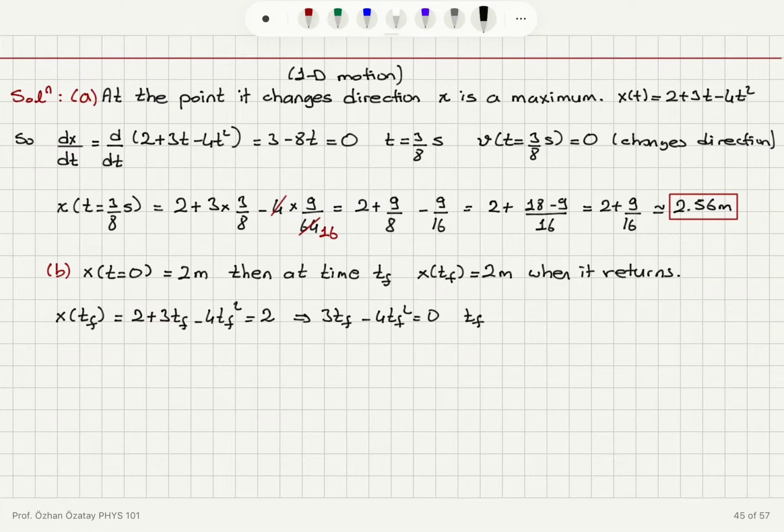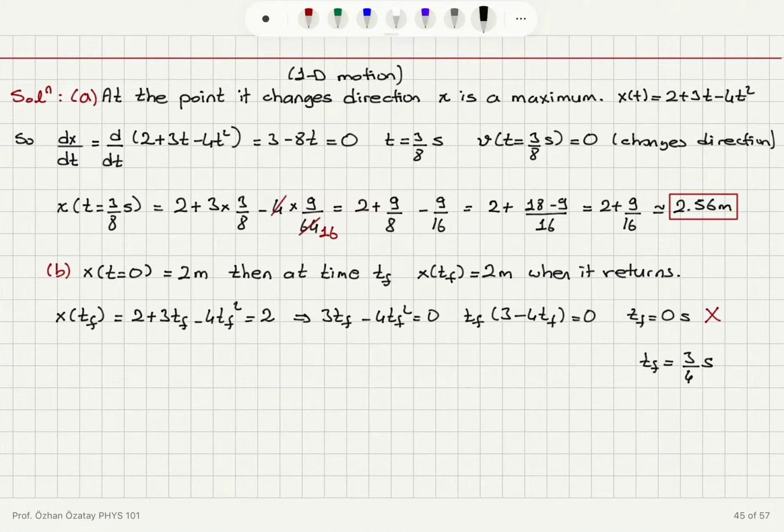So this will give me t final times (3 minus 4t final) equals 0. I know that t final cannot be equal to 0 seconds. This is not possible because that's t initial. So here I have t final must be equal to 3 over 4 seconds.